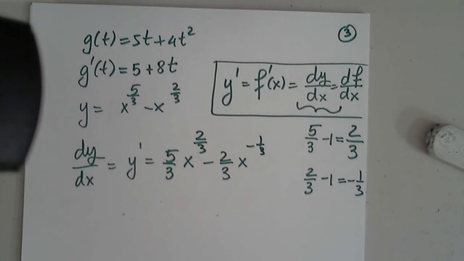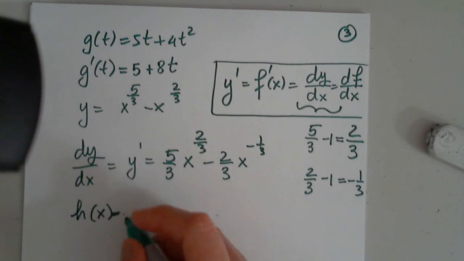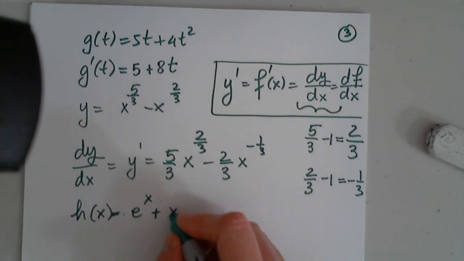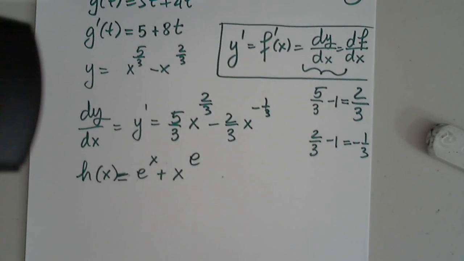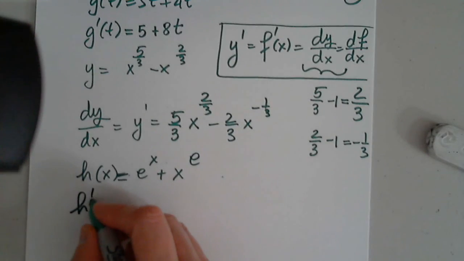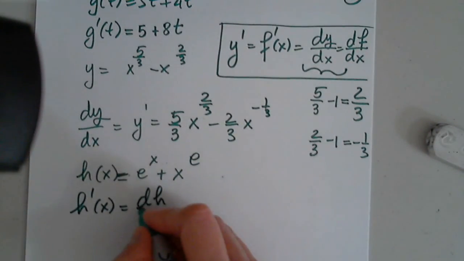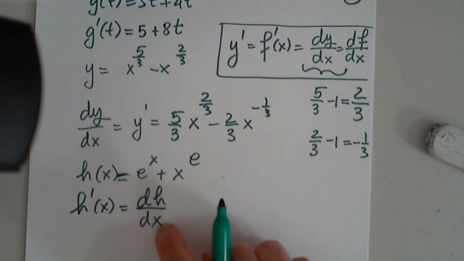Okay, so let's also look at something like h of x, which is e to the x plus x to the power e. The same question, h prime of x, or if you want, dh over dx, the derivative of h with respect to x.